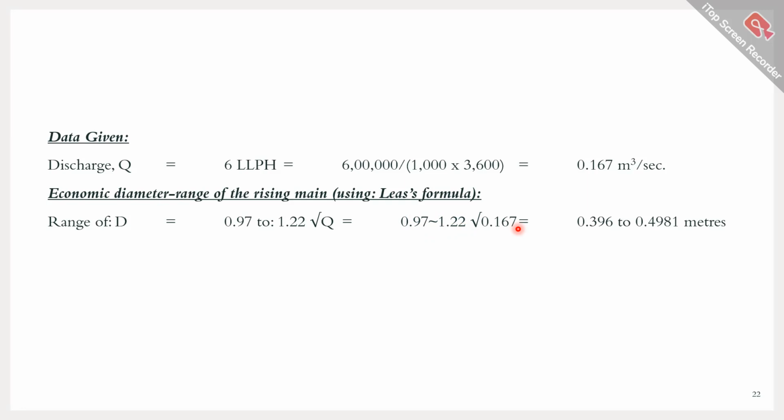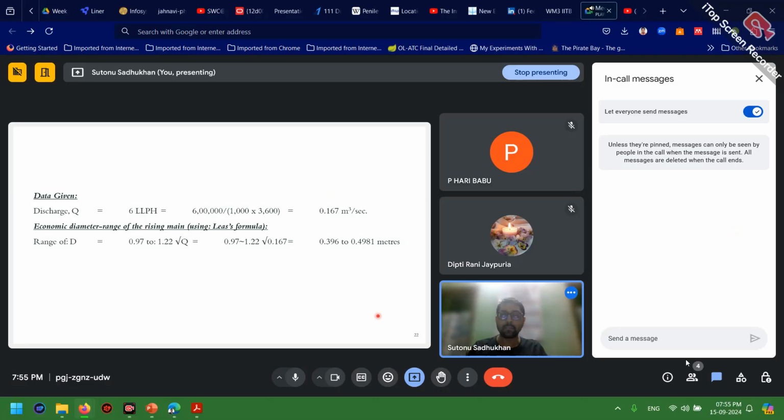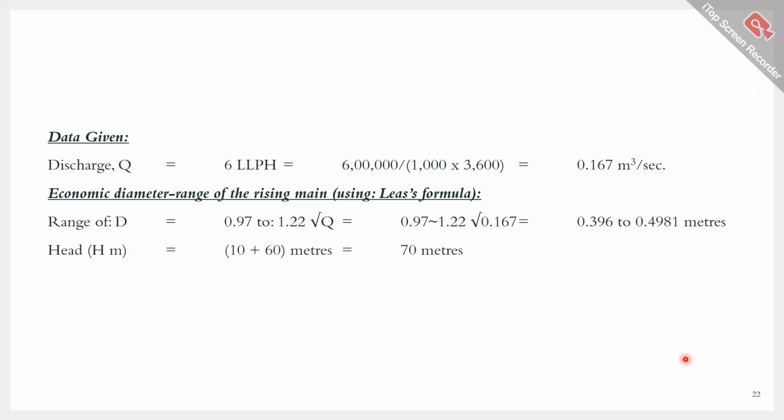If we multiply 0.97 into root over 0.167, it will give you 0.396, and 1.22 into root over 0.167 gives you 0.4981 meters. So the range of the economic diameter will vary from 0.4 to 0.5 meters. Hopefully it is clear.